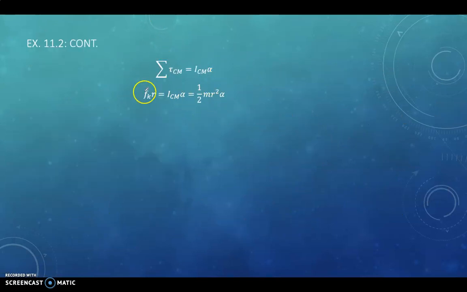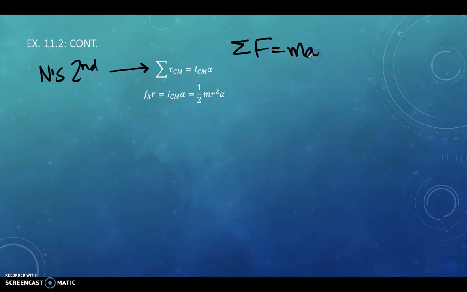Now, I needed to write down a couple of equations. This first one, we have to turn Newton's second law into terms of torque. Remember that Newton's second law states F is equal to mass times acceleration.